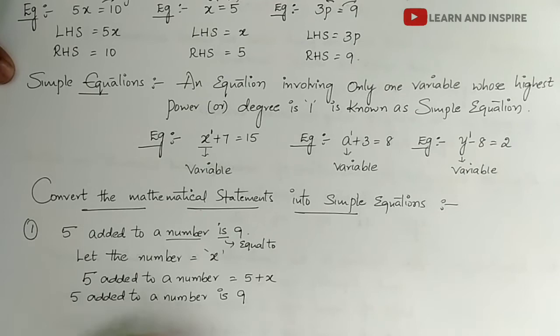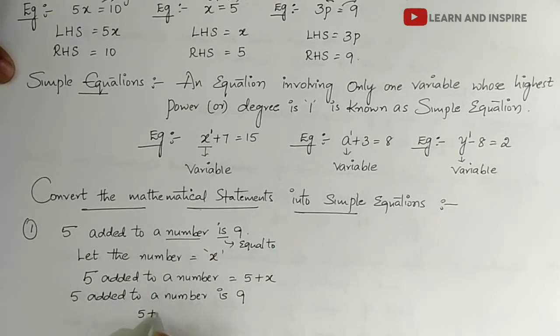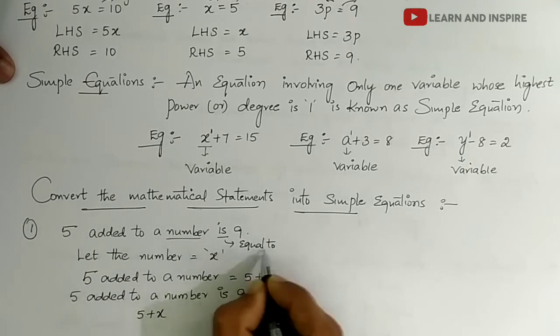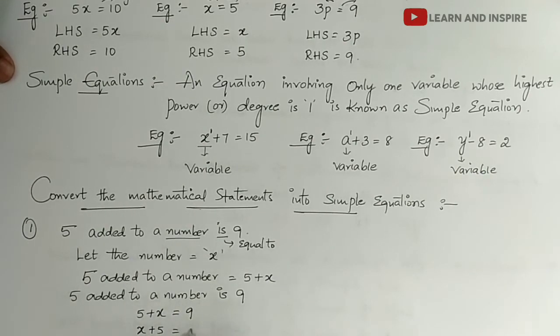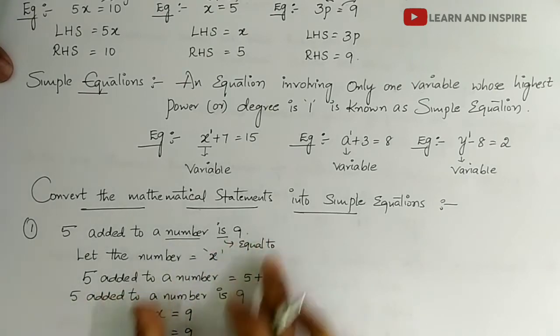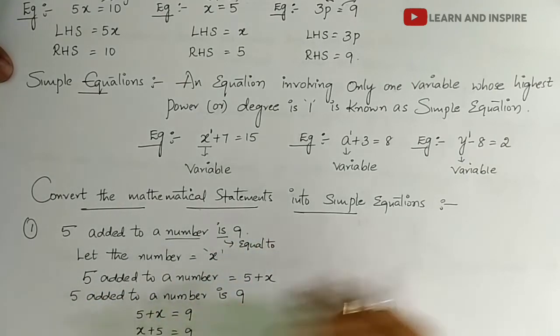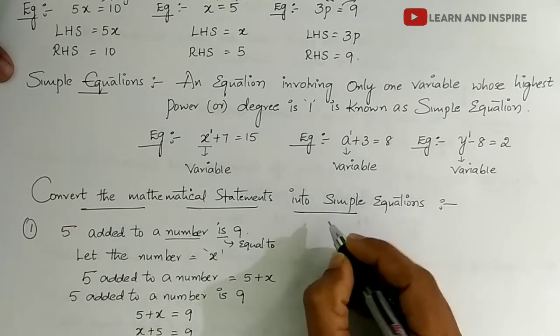Now we write 5 added to a number, 5 plus x, is represented as equals to 9. And we write this in order, that is x plus 5 equals to 9. So for understanding purpose I have written lengthy. Okay, from the next problem we can write a direct answer.